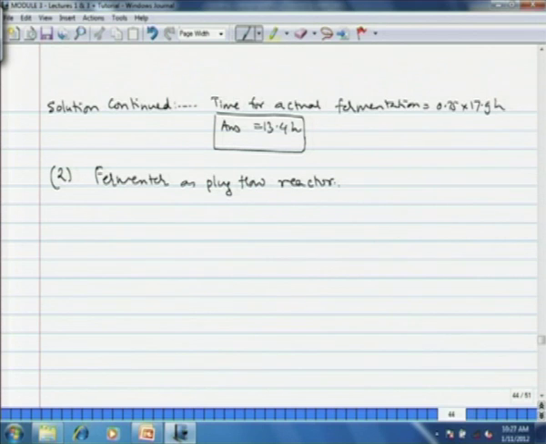Now, here again we do the same thing. The governing equation for a plug flow reactor is VR is equal to Fi naught integral 0 to Xiz, dXiz divided by minus Ri.